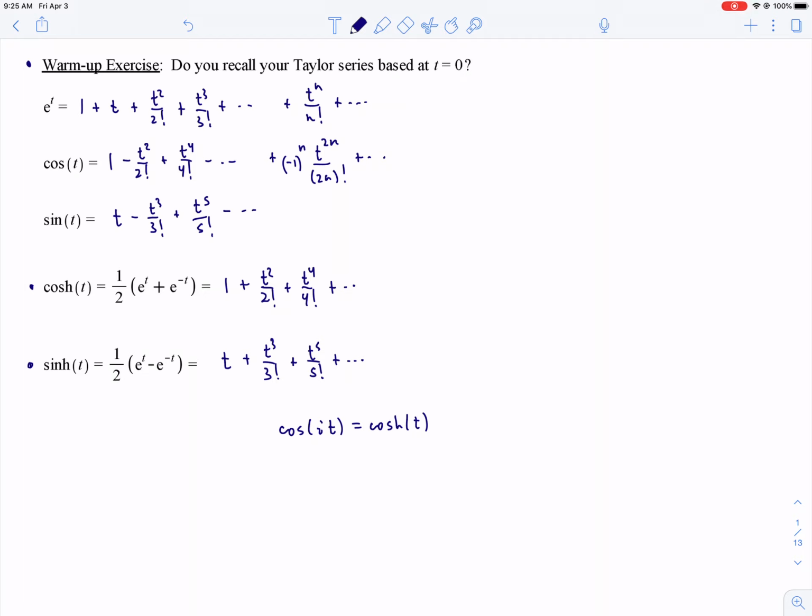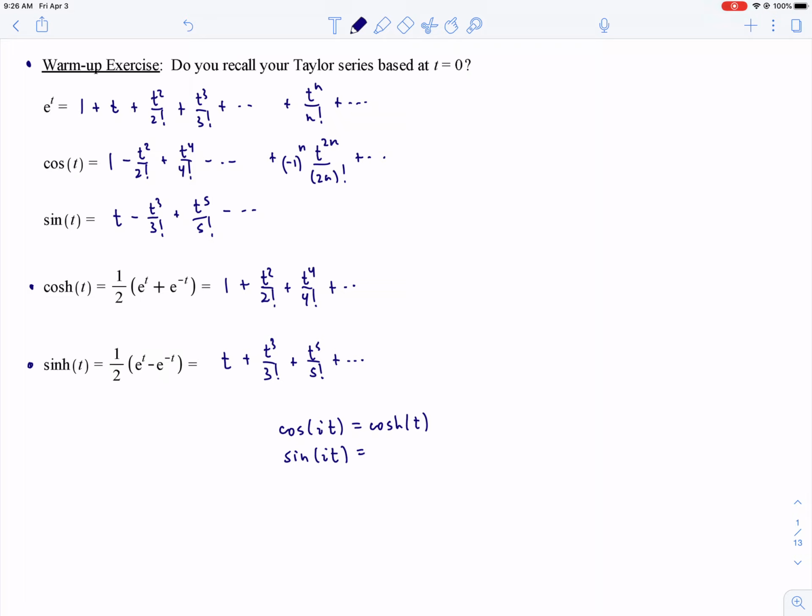And similarly, if you take sine of i t, then it'll start out as i t, and then it'll be minus i cubed t cubed over 3 factorial, which is plus i t cubed over 3 factorial.